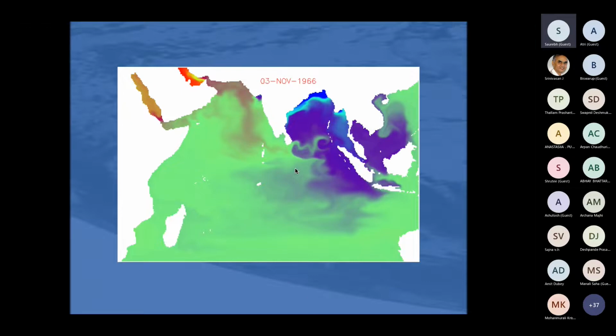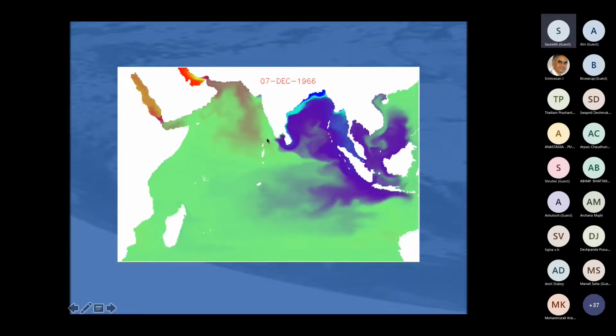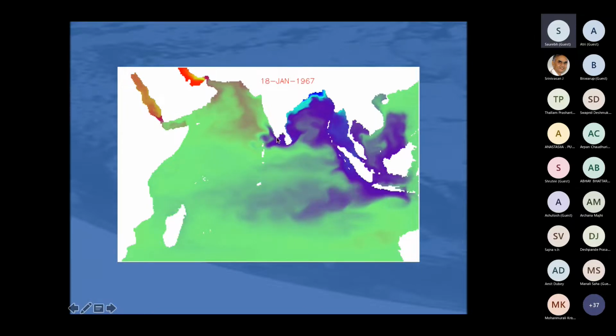So this was the major work that went into the model, to simulate the river runoff correctly. So you can see that the arrival of low salinity water into the Eastern Arabian Sea, this dark blue is low salinity water, is reproduced very well by the model, so the model is able to do that.